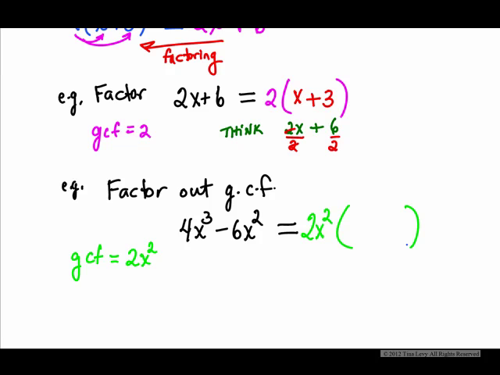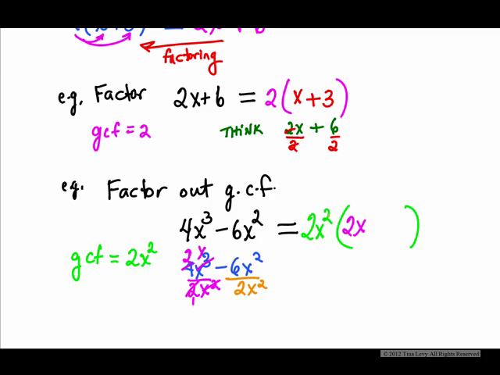Now I'm going to divide the 4x cubed and the negative 6x squared by the 2x squared. 2 goes into 4 twice, and x squared goes into x cubed with just x, so I put a 2x here. Now I take the negative 6x squared and divide that by 2x squared.